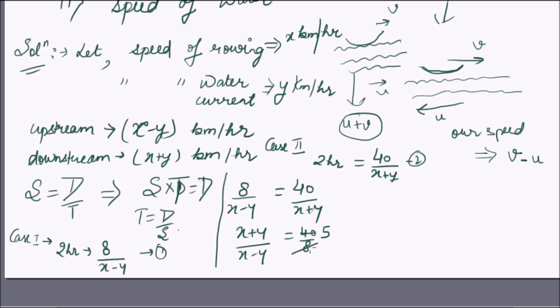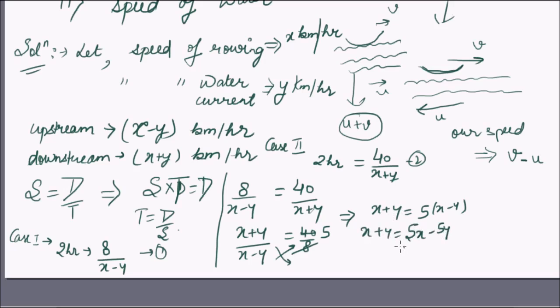That is, 8 fives are 40, which implies x plus y on cross multiplying equals 5 into x minus y. We get x plus y equals 5x minus 5y.